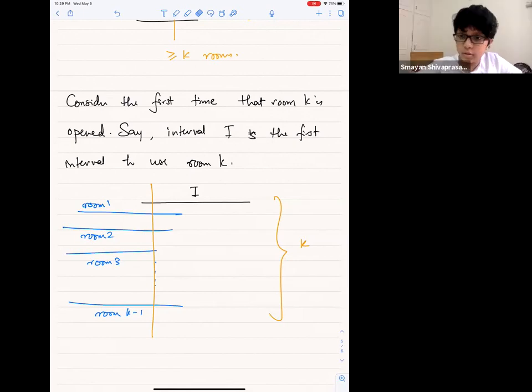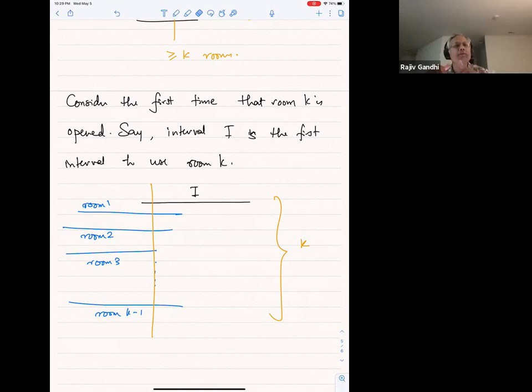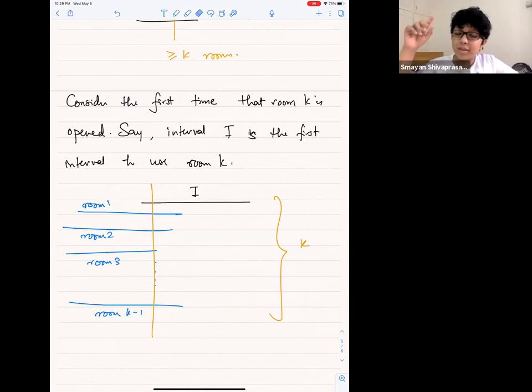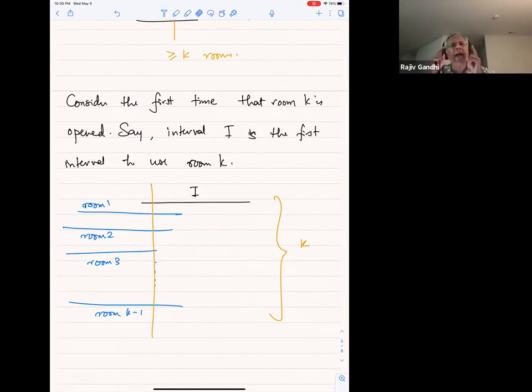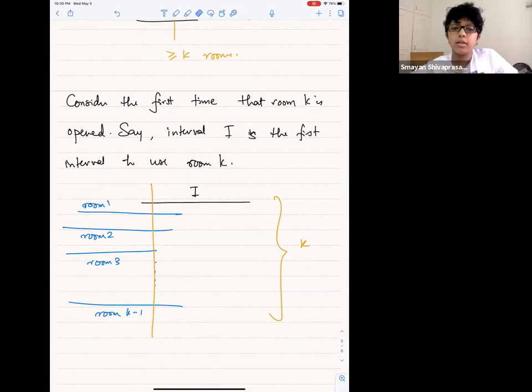I have a way to prove this. No, we have already proven this. No, I have a way to prove Vagishan's algorithm: the number of overlapping things will be the number of rooms you need. The number of rooms needed will be at least that much. And we have just shown that we use K rooms, and this is why we are done. Go ahead, you want to say something?